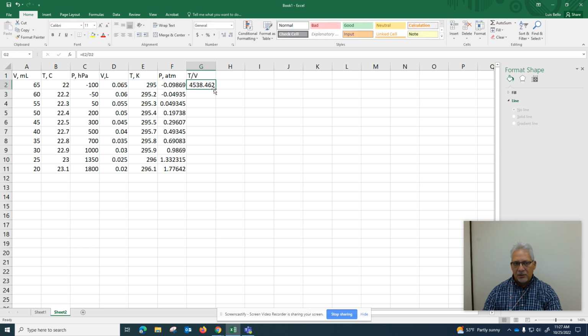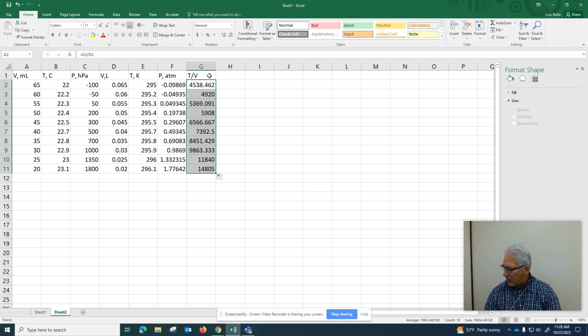Then you drag down, and that will do the calculation. If you don't want so many decimal places, you can remove some, but if you just leave it like that, it will work.